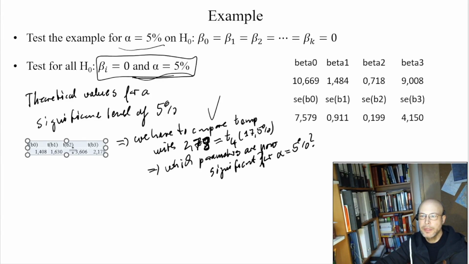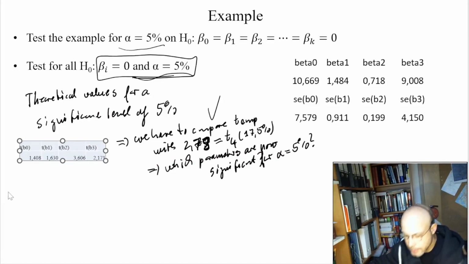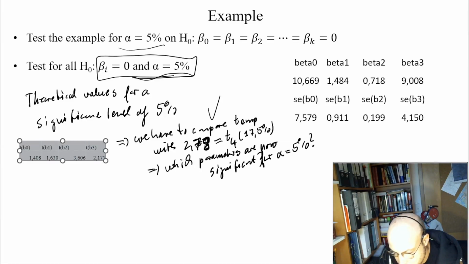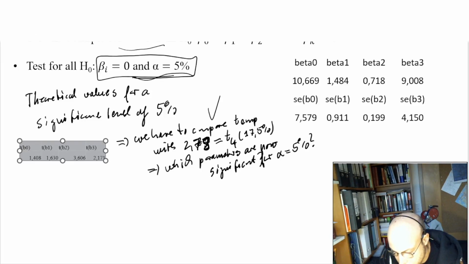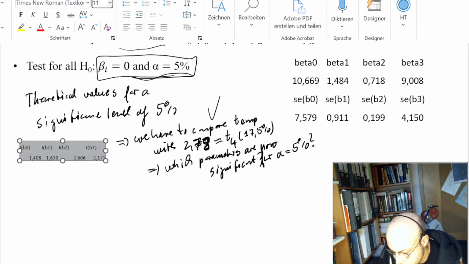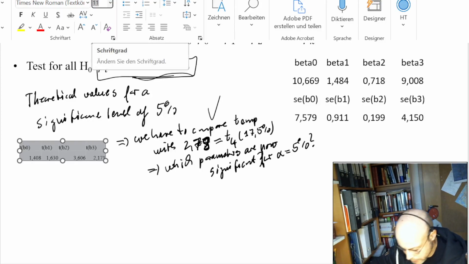In the end, you only have to look if these values are larger or lower than 2.78.